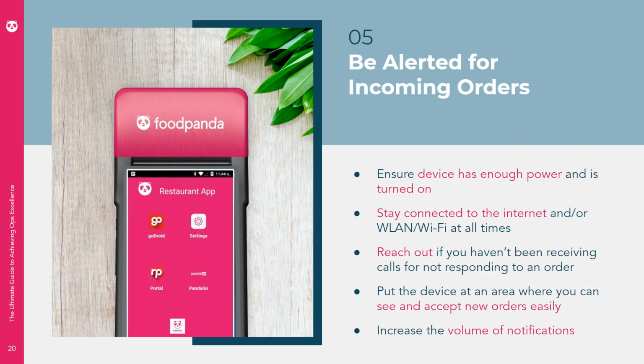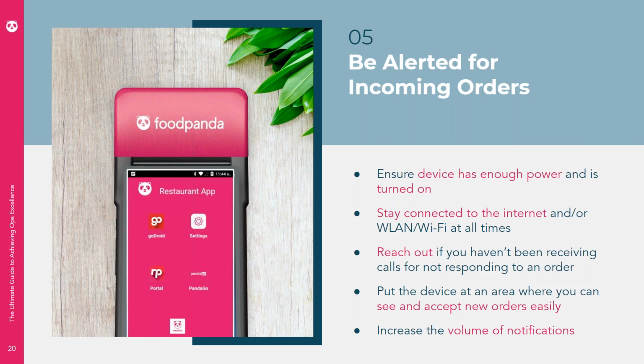Now that you've done all that, how do you ensure you don't miss any orders accidentally? So, the basics: keep your device charged and turned on, and ensure you have a stable internet connection at all times. You should reach out to us via Help Center if you do not receive any calls for ignored orders.